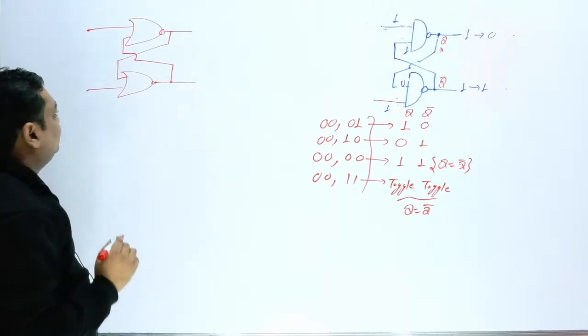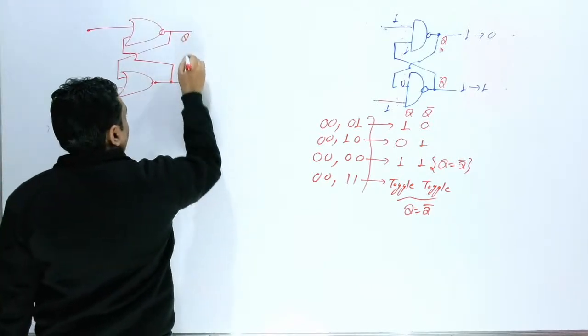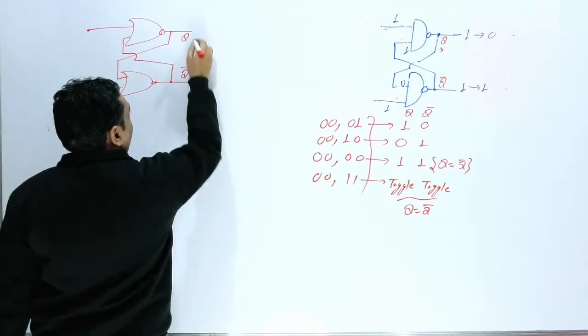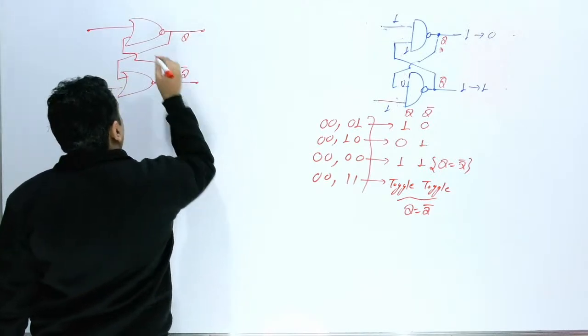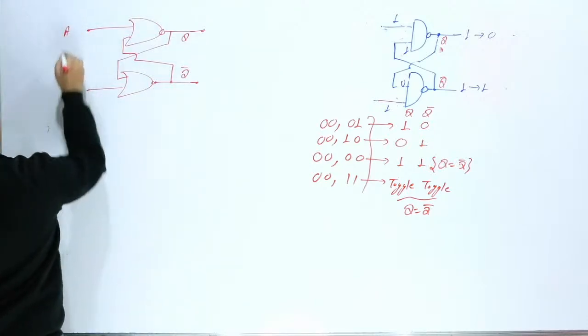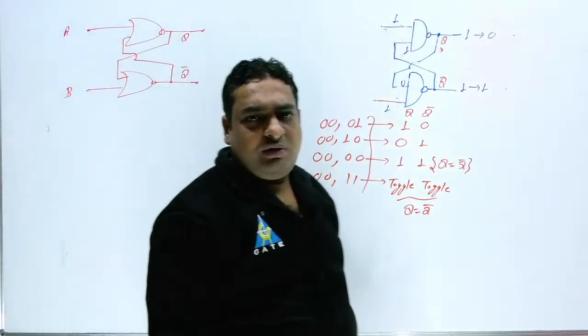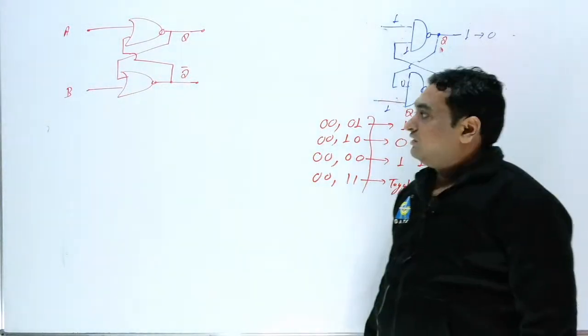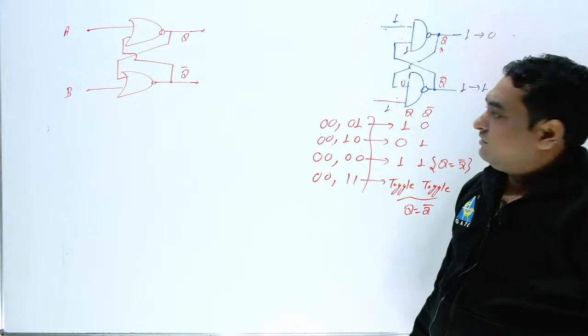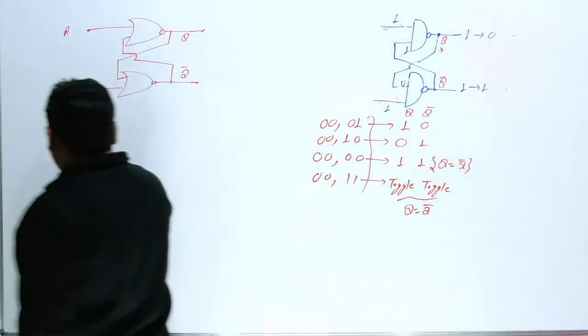Suppose this is Q and this is Q bar, and the inputs are A and B. What I want here is oscillations at Q. So what input do you have to provide? For which values of AB?